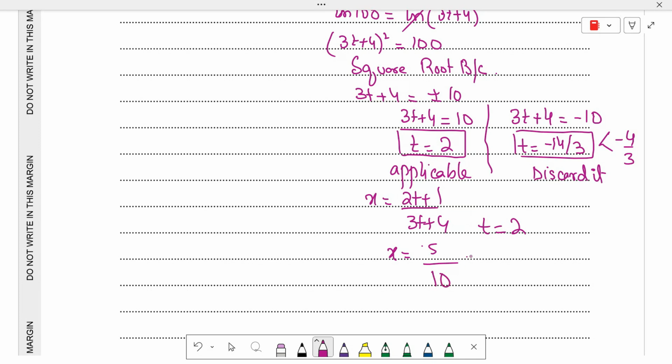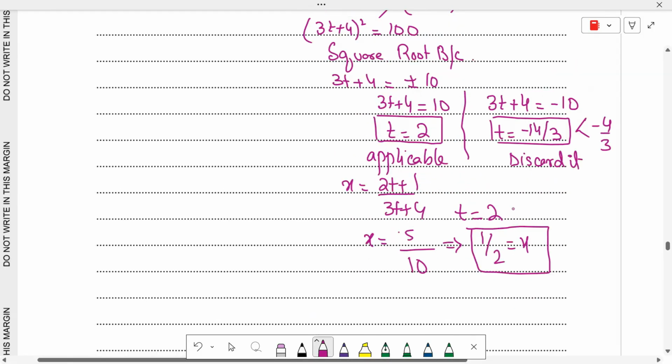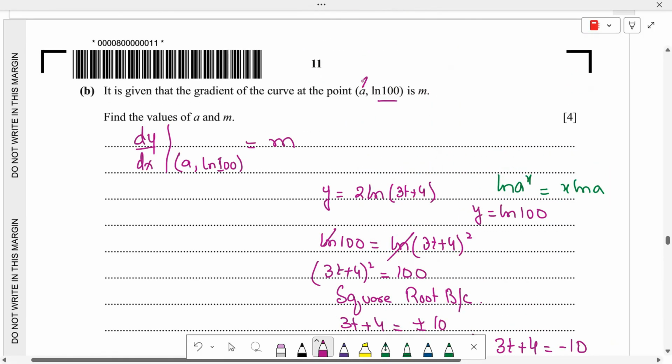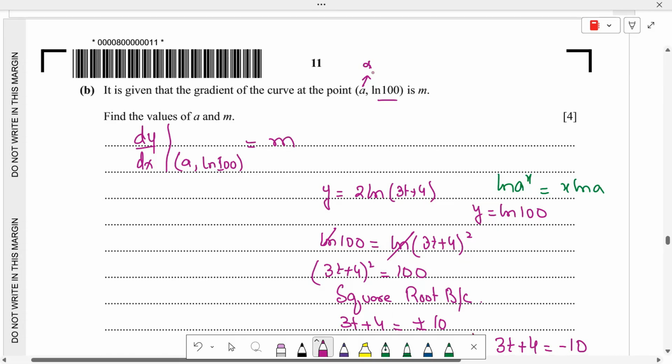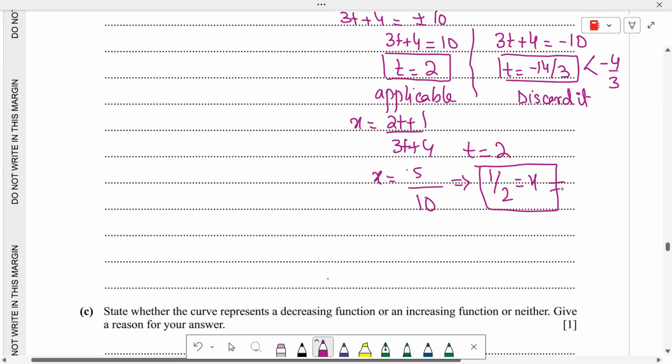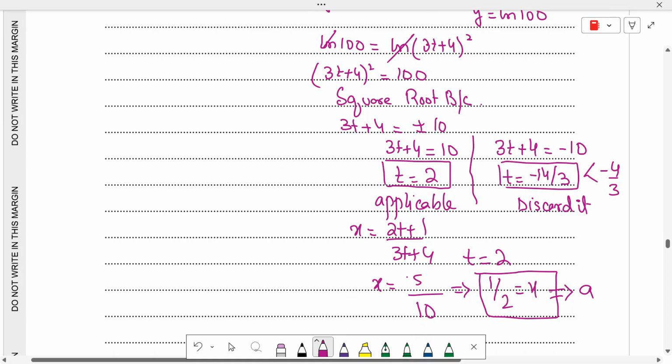So this one will be 10, and this is equal to 1 over 2. This x coordinate is also the value of a. We have calculated a.